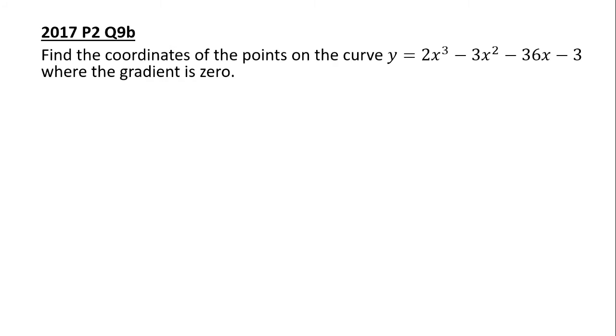2017. Find the coordinates of the points on the curve y equal to 2x to the power 3 minus 3x squared minus 36x minus 3, where the gradient is 0.